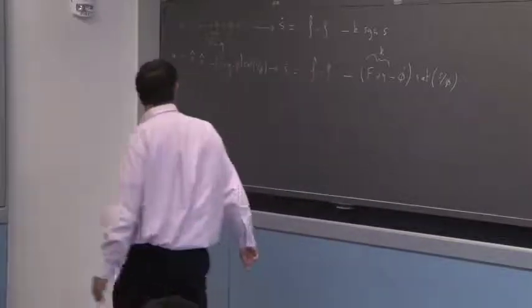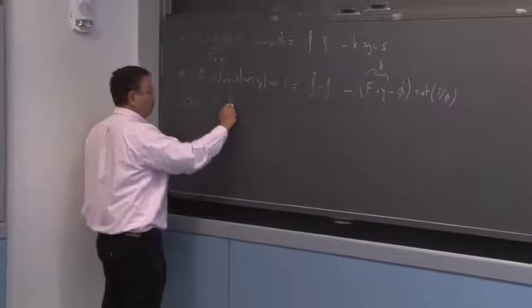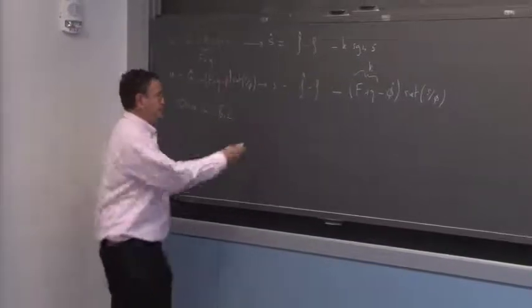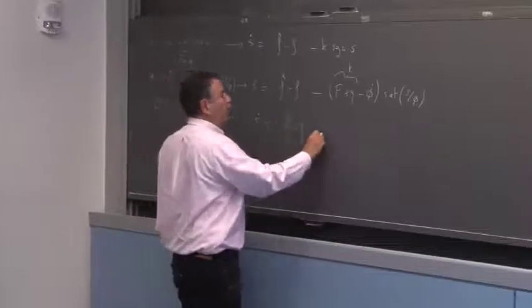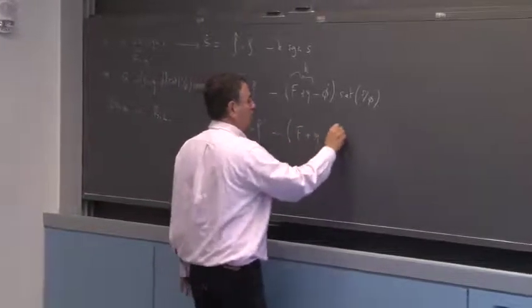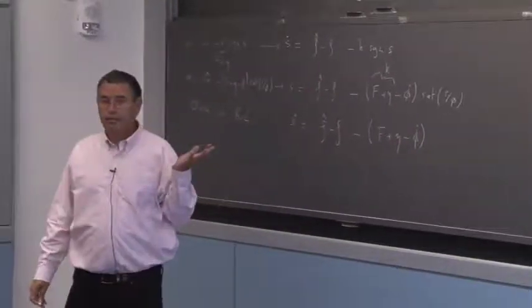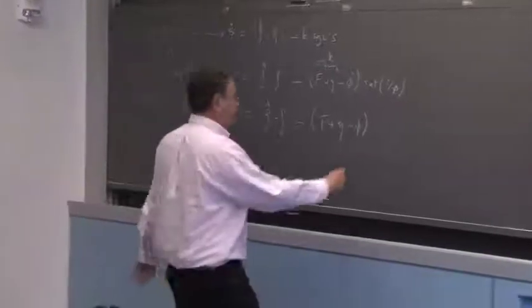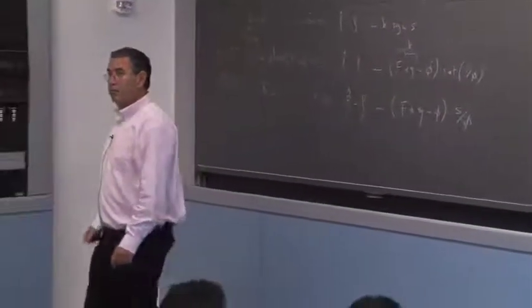So once in the boundary layer, we stay in it. And therefore, what's sat of s over phi in the boundary layer? Just s over phi.